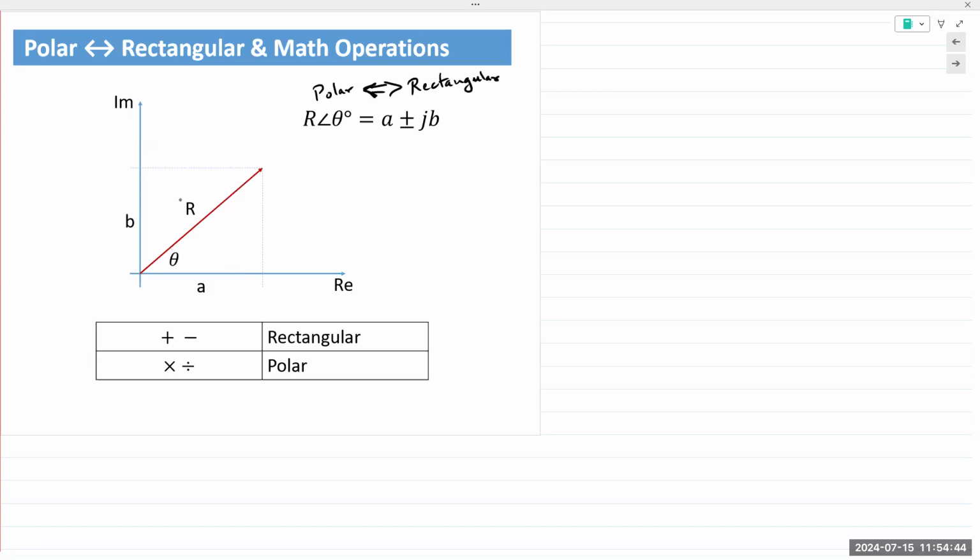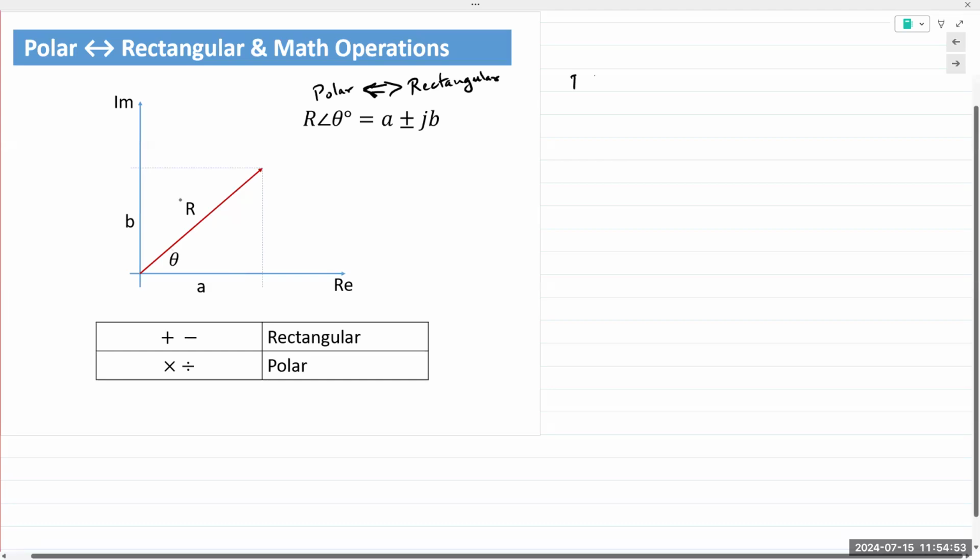If you have rectangular coordinates, a plus or minus jb, and you wish to find the polar coordinates, then tan inverse of b over a gives you the phase angle.